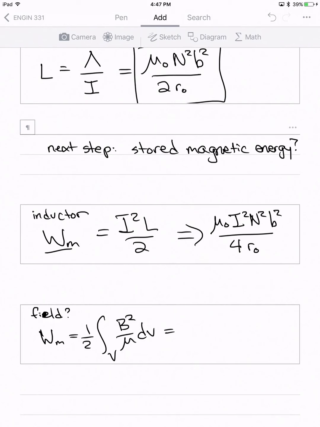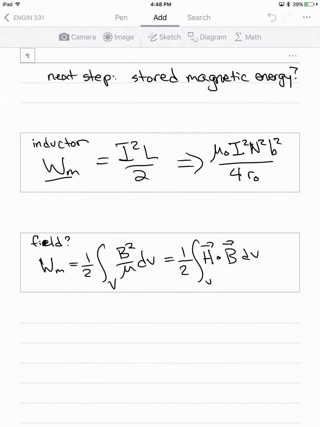Or if you have B and H, that's equivalent to writing 1/2 integral over the volume of H dot B dV. In very few cases, but they do exist, H and B might not be in the same direction, and then you use the right-hand one.